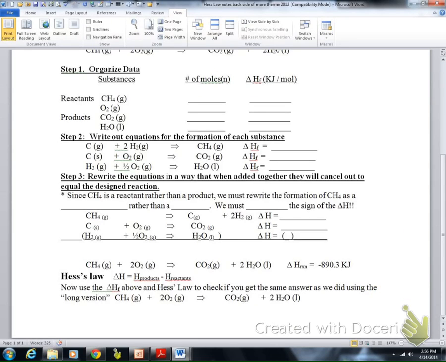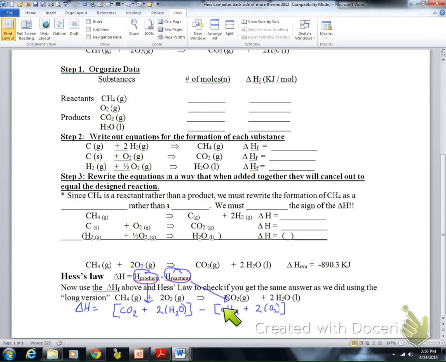So Hess's law, the short way, is just like what we did in the notes. We're going to use the change in H of formation and look at the products minus the reactants and just simply calculate. So it's a little bit faster, a little bit shorter. So we're going to show our work and put our products here, so carbon dioxide and 2 waters, minus the CH4 and the oxygen.